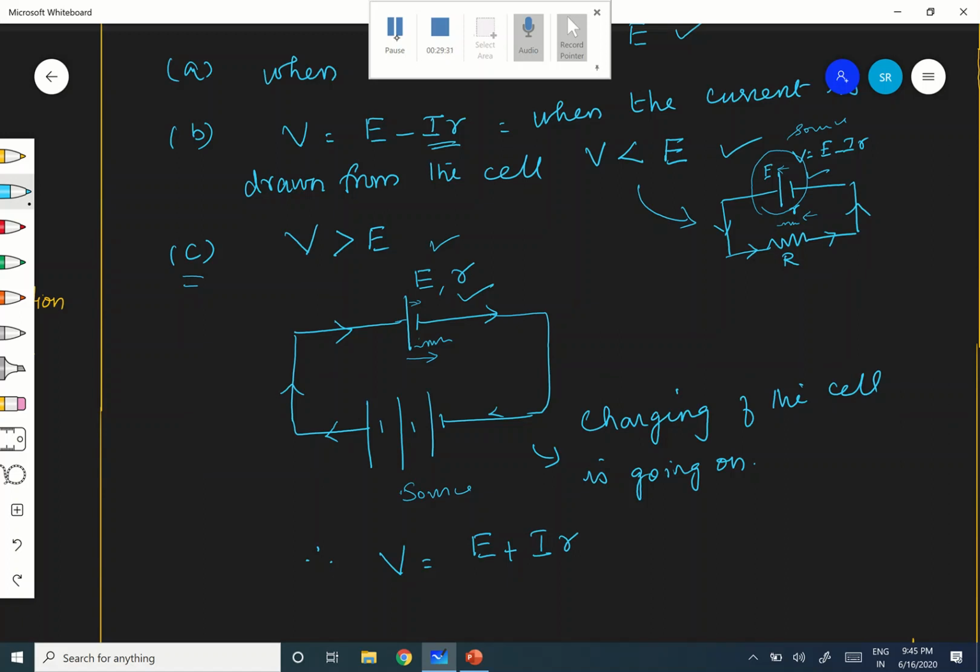It is connected to an external source for the charging process, and it is being charged. But in case B our cell acts as a source, so current is delivered from the cell. Therefore, during charging, your terminal potential difference will be larger than the EMF of the cell. Very important. Is it clear?